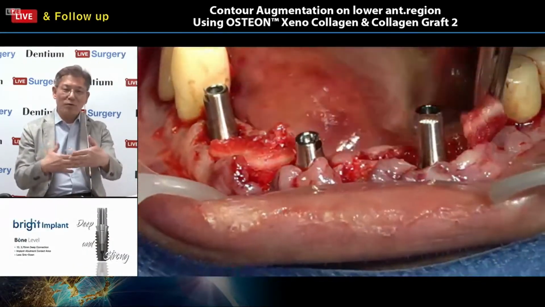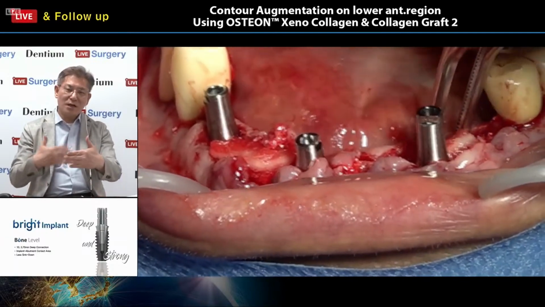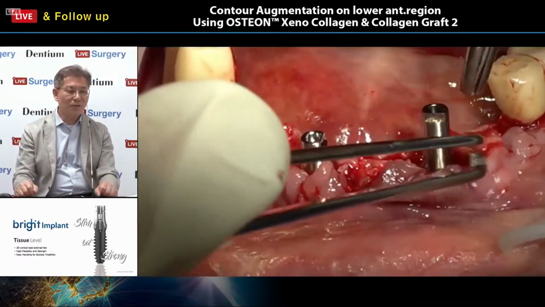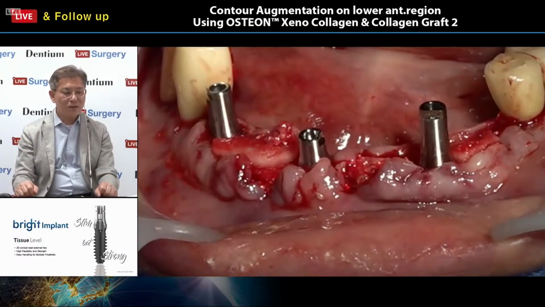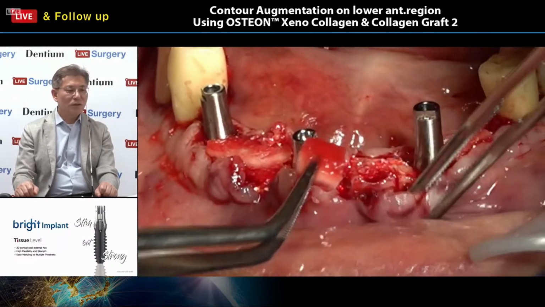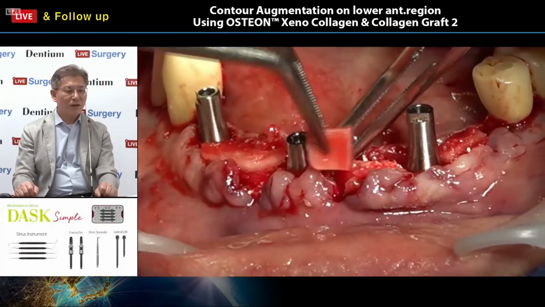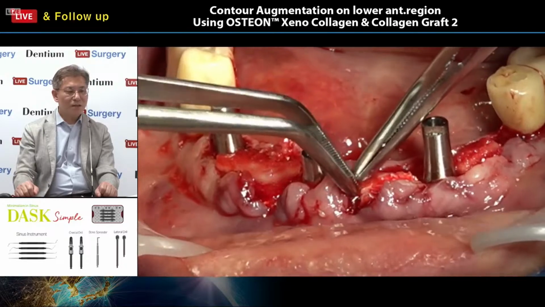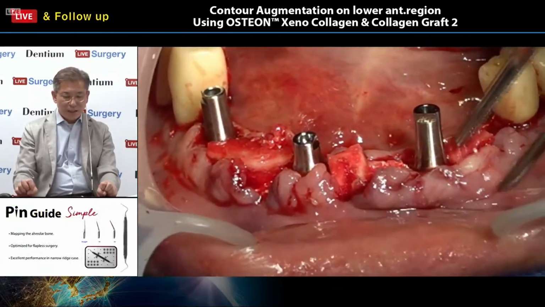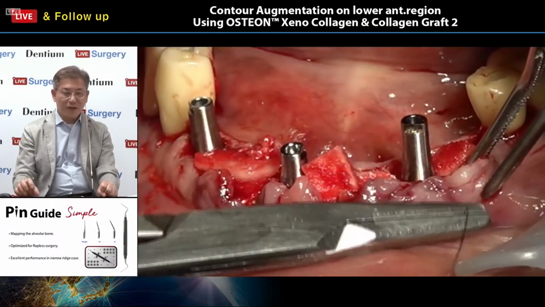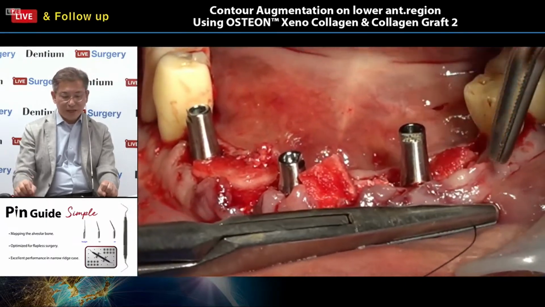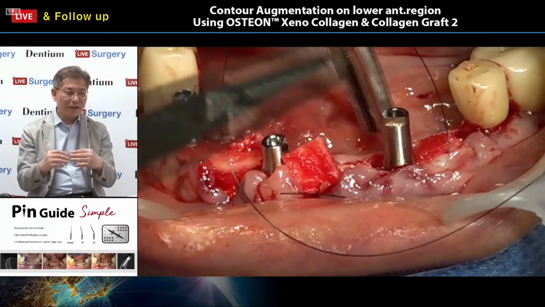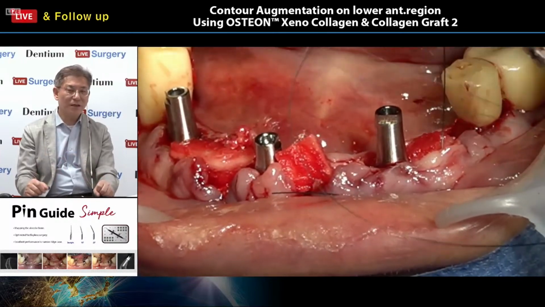However, the flap will be open. So to compensate for this gap between the labial and the lingual flap, he is going to apply this collagen graft on the gap. This collagen matrix has two different layers, the compact layer and the porous layer, a dense layer and a loose layer.